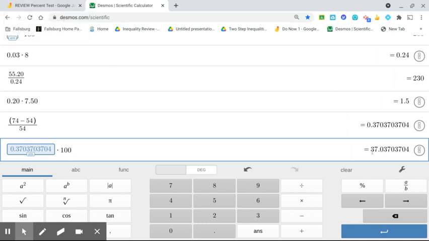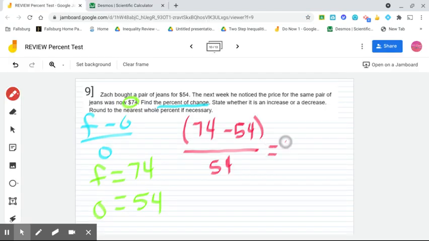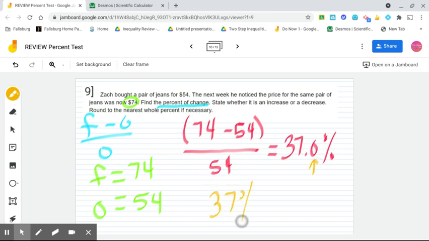So I only need to take the whole number plus 1 digit. So 37.0% is what I'm going to copy over. And then for my final answer, I'm going to round it to the nearest whole number. This 0 is not big enough to make the 7 go up, so it's going to stay 37%.